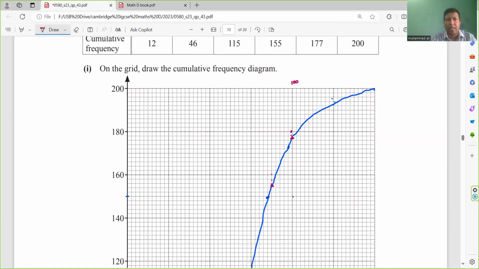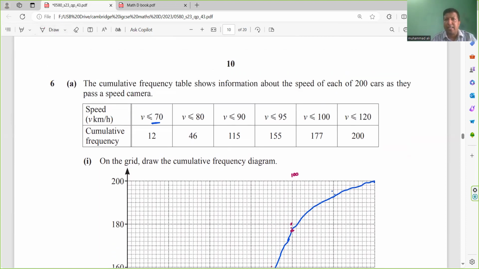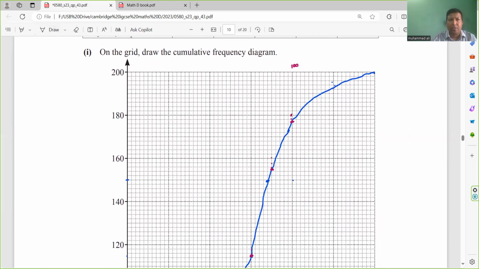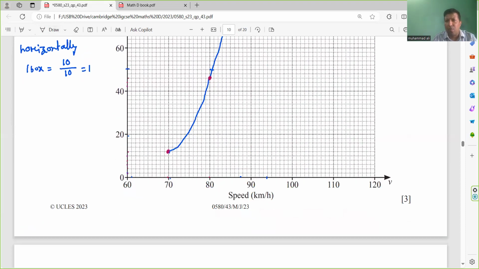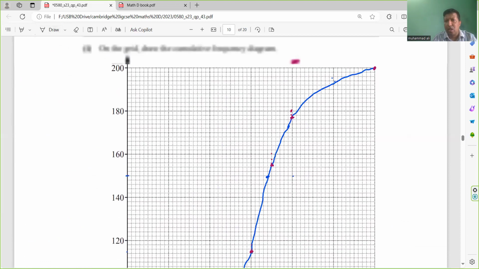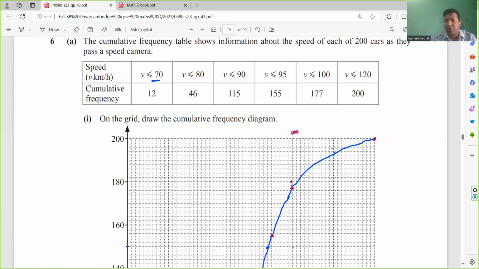And finally, V less than or equal to 120, cumulative frequency 200. So cumulative frequency 200 here, and this is 120. So all these coordinates we get.